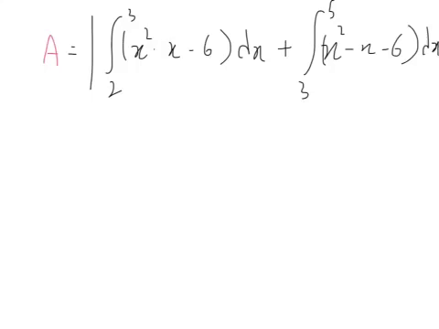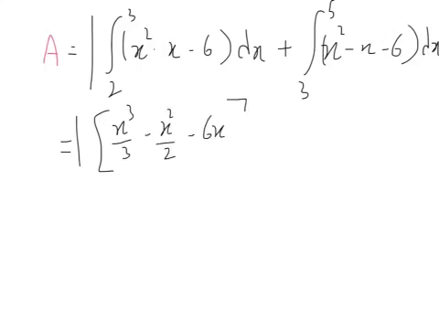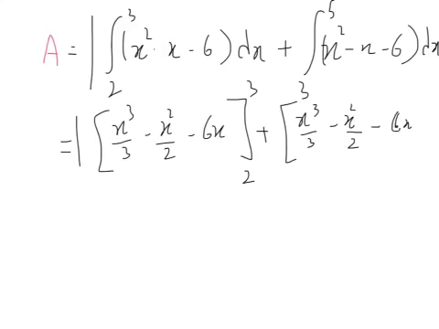And the process from here is, as you're familiar with, just normal integration, and you end up with x cubed over 3 minus x squared over 2 minus 6x from 2 to 3, plus the second part, which is again x cubed over 3 minus x squared over 2 minus 6x from 3 to 5. Absolute value here, absolute value there.